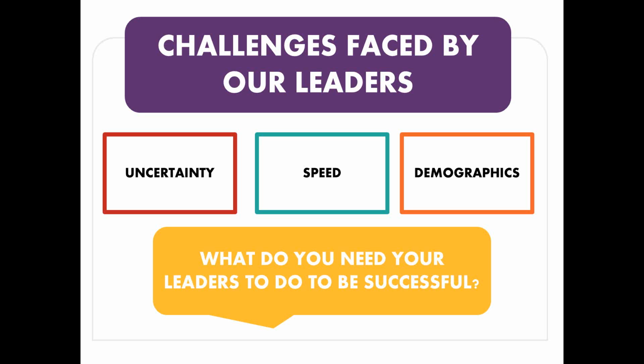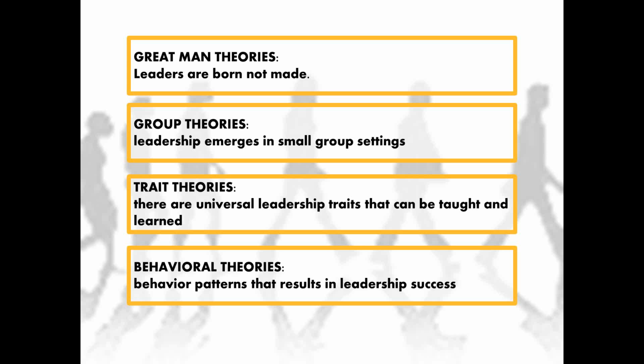It's just a complicated workplace. So what do you need your leaders to do to be successful? Ultimately, this becomes the overriding and overarching strategic question that you have to begin with. What do you need your leaders to do to be successful, both today and in terms of preparing our organization and our employees for success in the future?